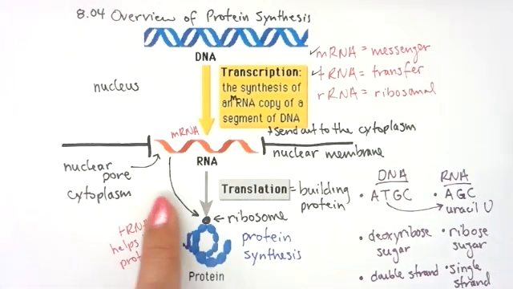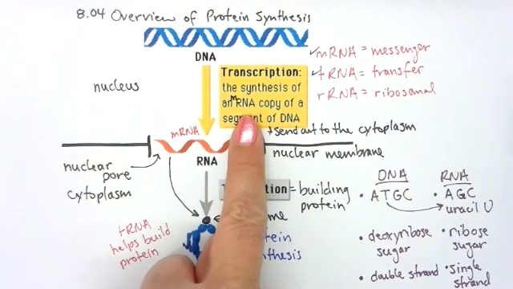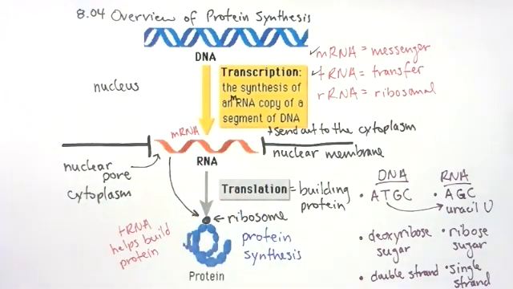Then once we're out in the cytoplasm, the mRNA finds a ribosome and it attaches to the ribosome. And then we do this process called translation using tRNA, where we build the protein. And then to close, we wrapped up some of the differences between DNA and RNA. So our next video is going to be over transcription. How do we get that DNA out of the nucleus? So stand by for that coming up next.